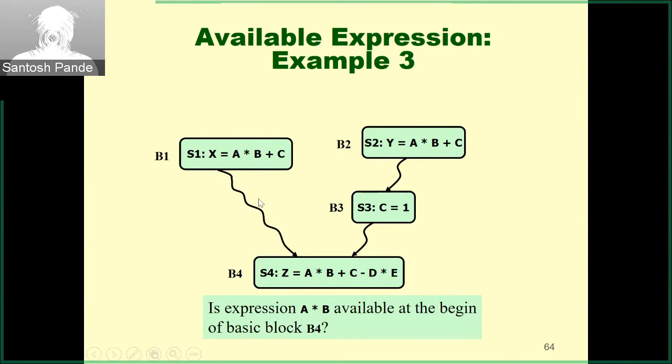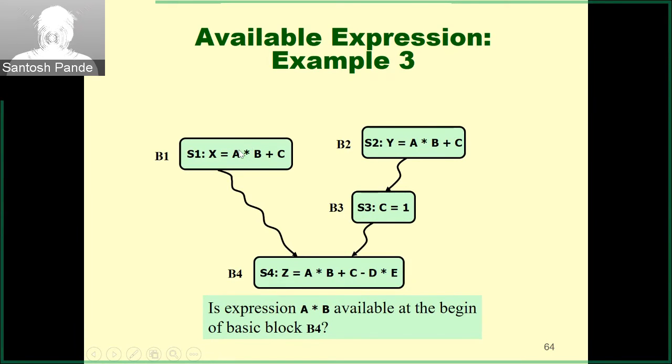So we have an expression here, A star B plus C, whatever, C is reassigned here and so on. And the question is, of course, is A star B available at the beginning of B4? So you can see here, let's apply the path condition that they must be evaluated on every path.